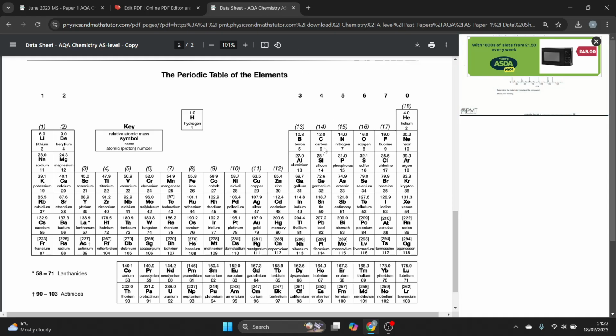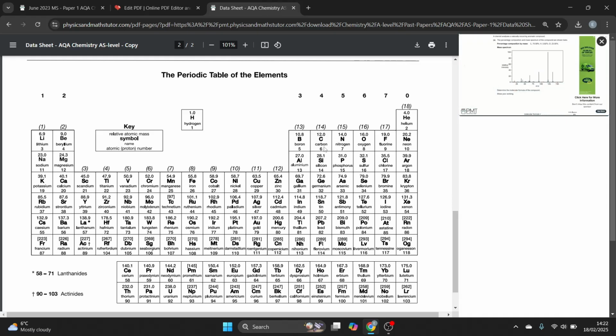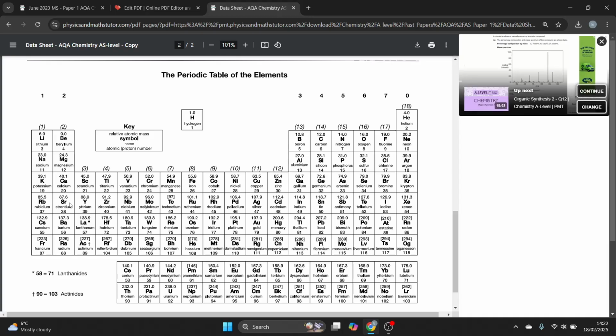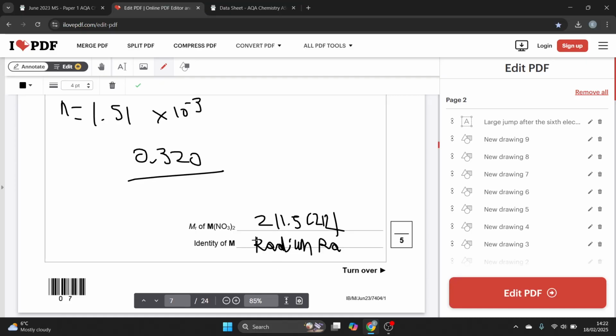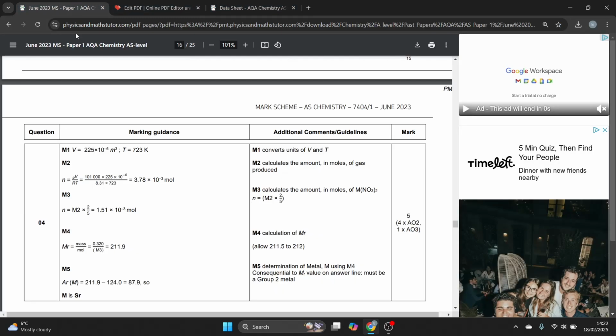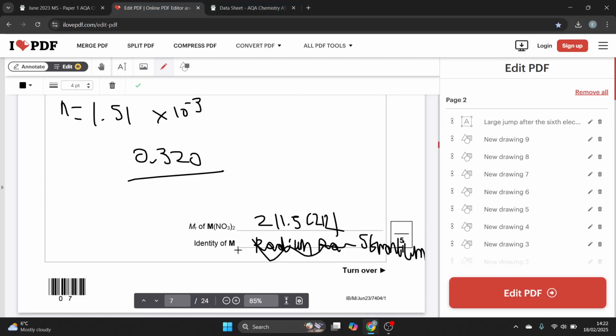MR is the top number. How could I forget that? But even if I got that, then yeah, 88. So then I would get strontium, not radium. Just a silly mistake. I thought MR was the bottom number. It's always going to be the top number. So yeah, strontium, I would get that as well. So Sr. And 5 marks for that.